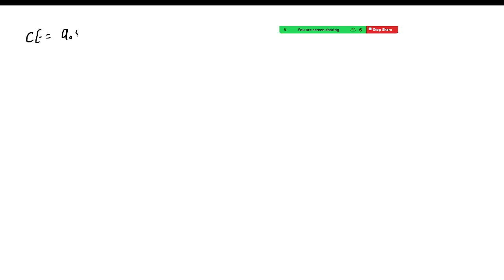That is a naught s to the power n plus a1 s to the power n minus 1 plus a2 s to the power n minus 2 plus a3 s to the power n minus 3, and so on up to an. Fine. So how can I make a Routh array? That's very important.